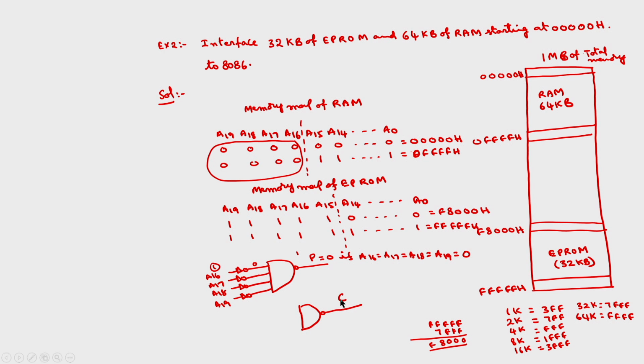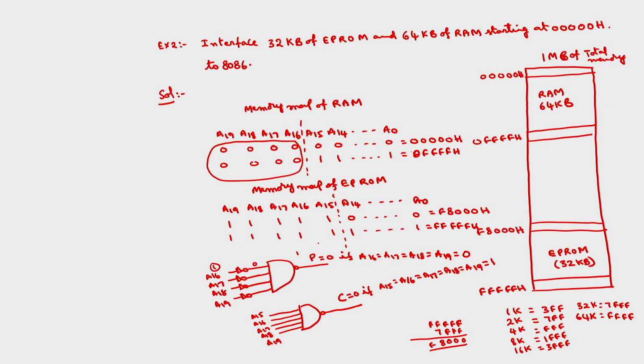I will call this output C. The inputs are A15, A16, A17, A18, A19. So C is equal to 0 if A15 is equal to A16 is equal to A17 is equal to A18 is equal to A19 is equal to 1. If all are ones, then only the output is 0. If any one of A15 to A19 is 0, the output is 1.